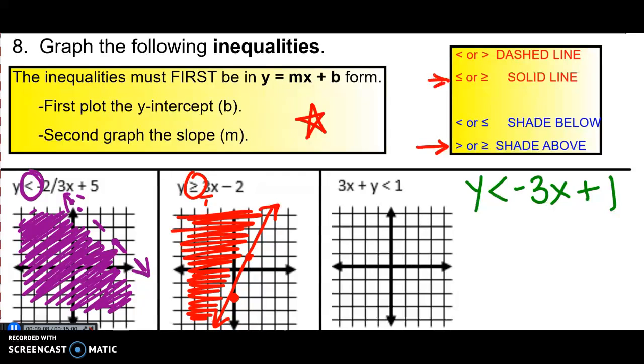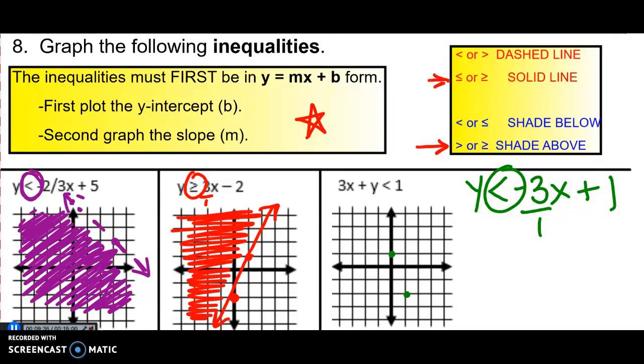Start with your y-intercept. That's a 1. And remember our slope, we can write it as a fraction, is -3 over 1. So we need to go down 3 and over 1, ensuring we're going the correct direction to make it look like a negative slope. Our graph is falling from left to right. Now we look at our symbol, less than, which means we need a dashed line.